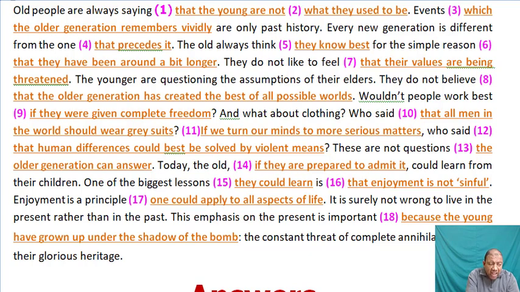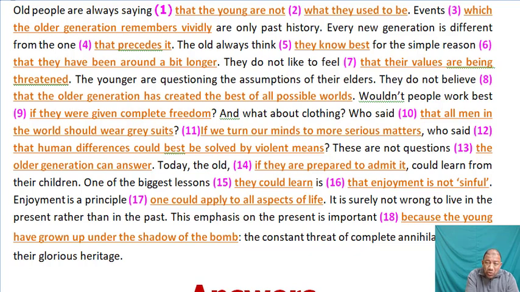One of the biggest lessons which they could learn is that enjoyment is not sinful. 16, that enjoyment is not sinful, it is a noun clause as subject complement because it comes after is. 17, one could apply to all aspects of life.